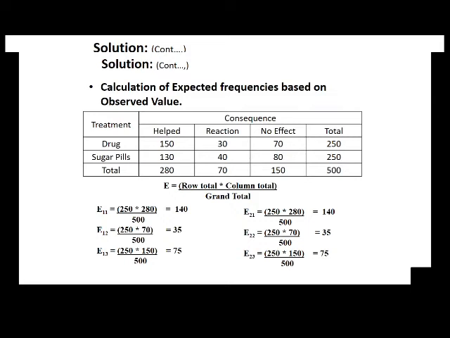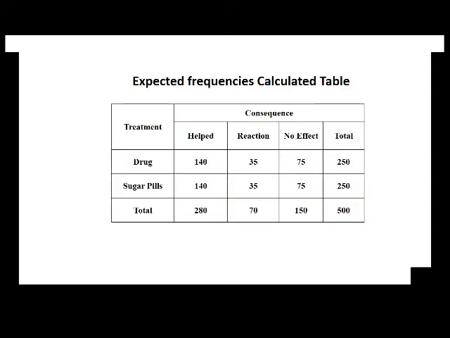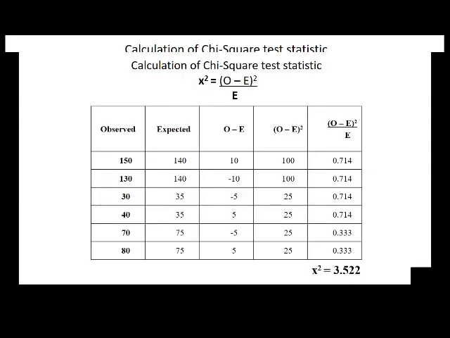We are getting E21, E22, E23. In this way the expected frequency table is calculated: helped 140 and 140, total 280; reactions 35 and 35, total 70; no effect 75 and 75, total 150; total 250 and 250, grand total 500.